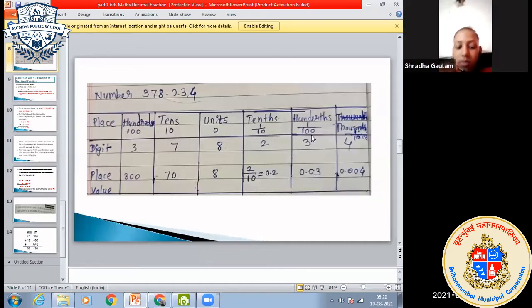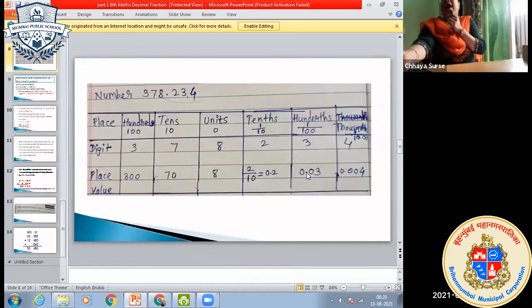Very good. 2 zeros. That's why after the decimal point we want the 2 digits, because 2 zeros are here. But 3 is only a single digit number. So that's why we have taken 1 zero.